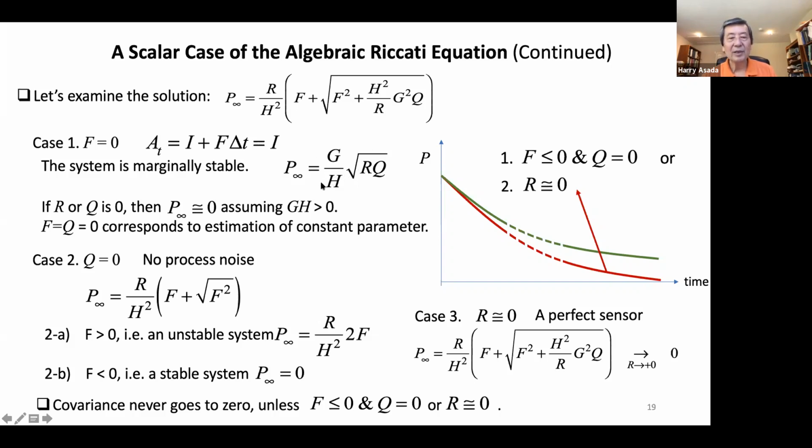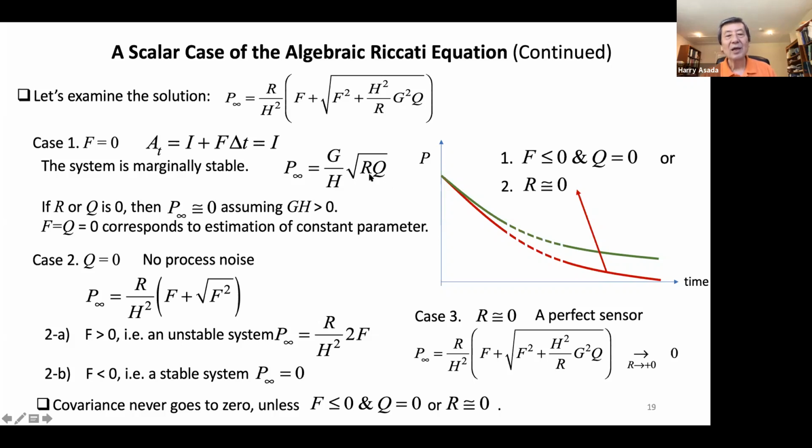Our interest is under what conditions the prediction error covariance goes to zero, basically zero error. At the steady state, this is usually non-zero, and as you have a higher value of R or a higher value of Q, it is higher.